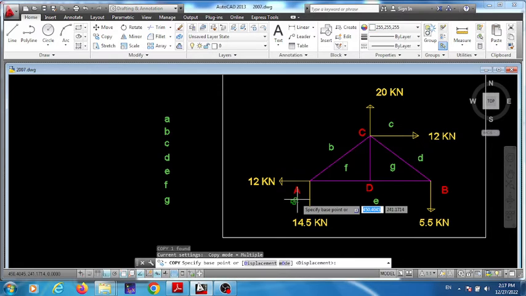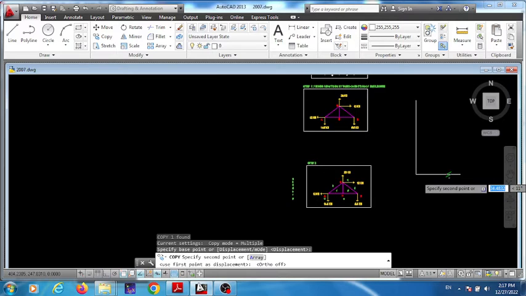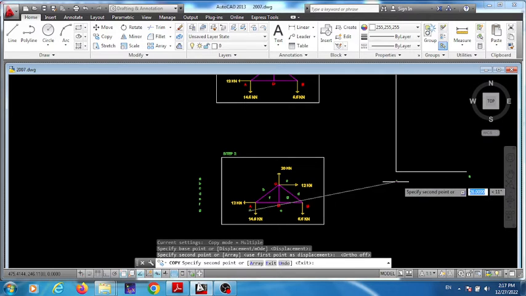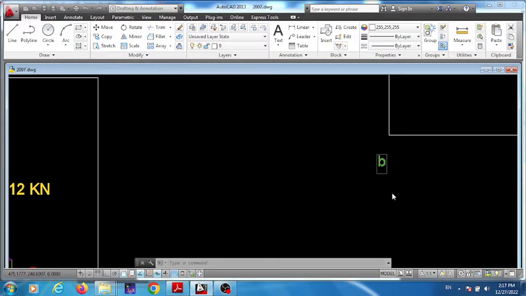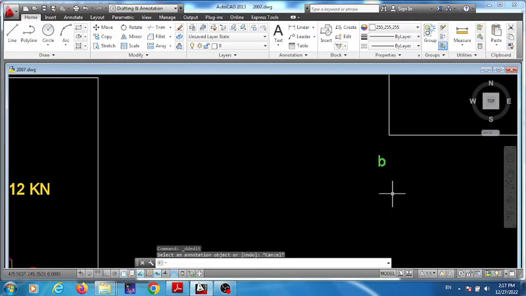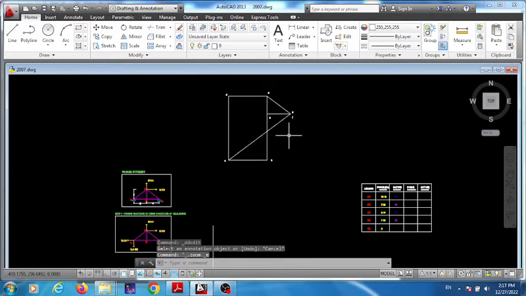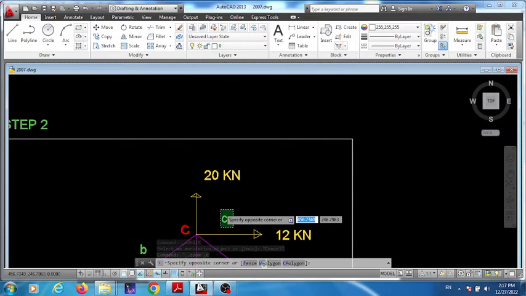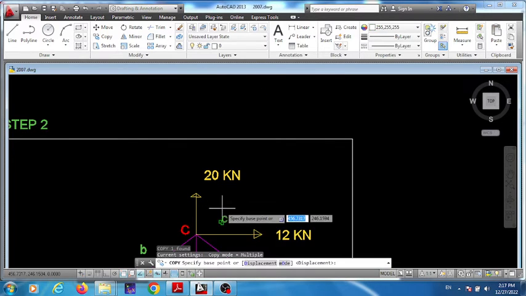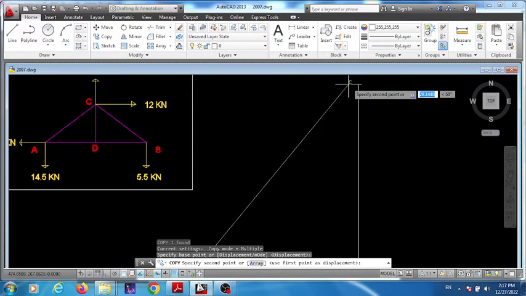So this is A, and this is your B, right? Now between space B and C there is a 20 kilonewton load, so we have shown it here. I will just copy this letter up to this.